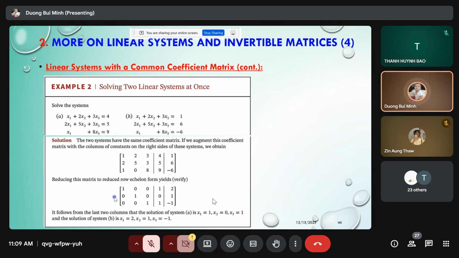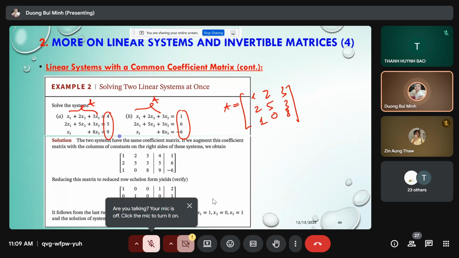We can just combine the coefficient matrix with many constant terms. For example, here this is A, which is 1, 2, 3, 2, 5, 3, 1, 0, 8. And this is the same A, but with different constant terms.